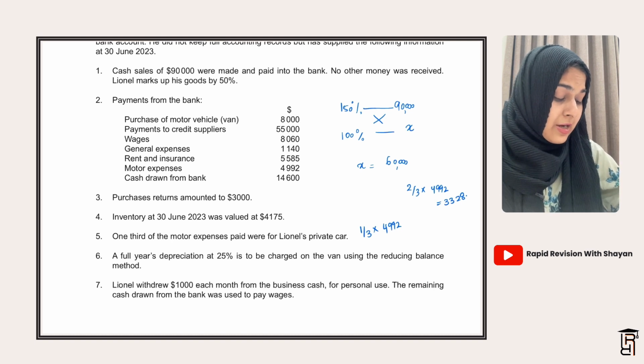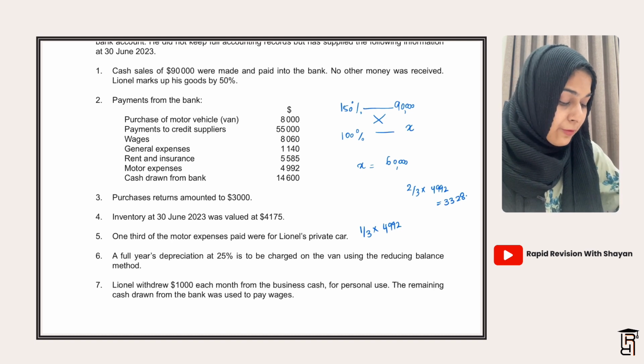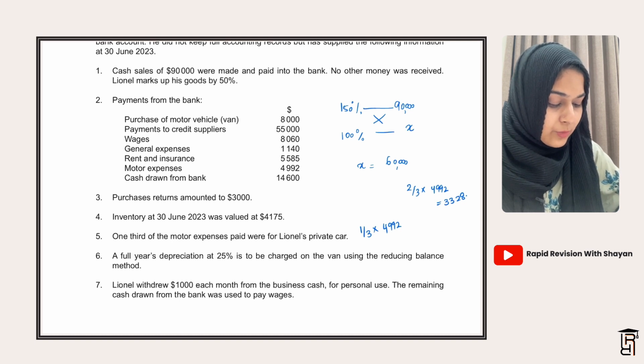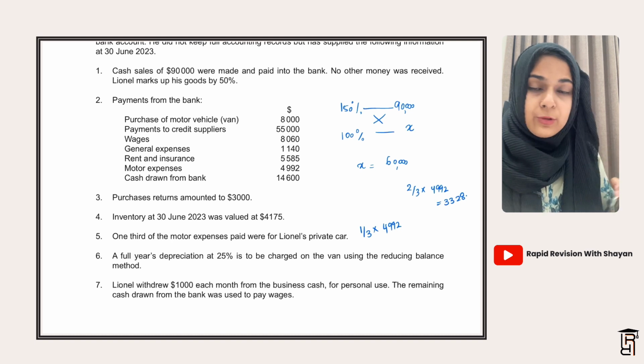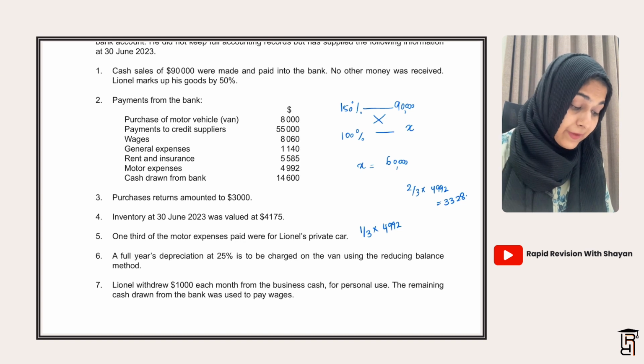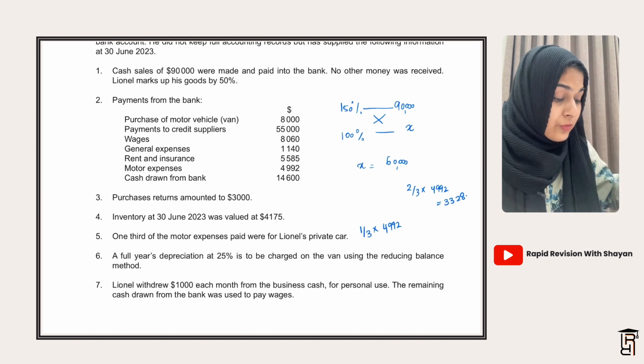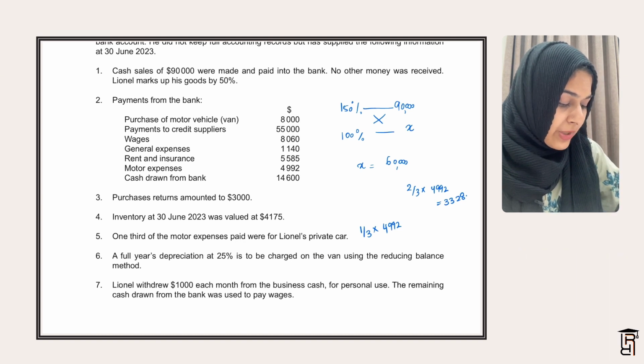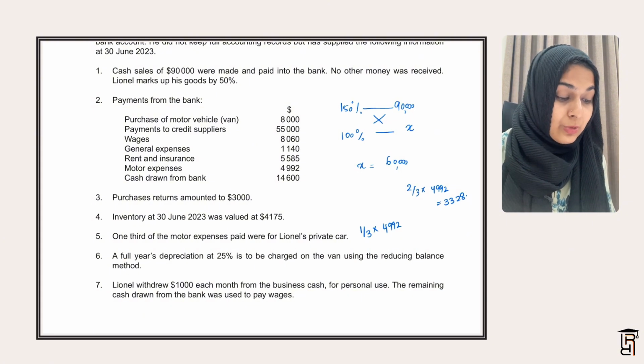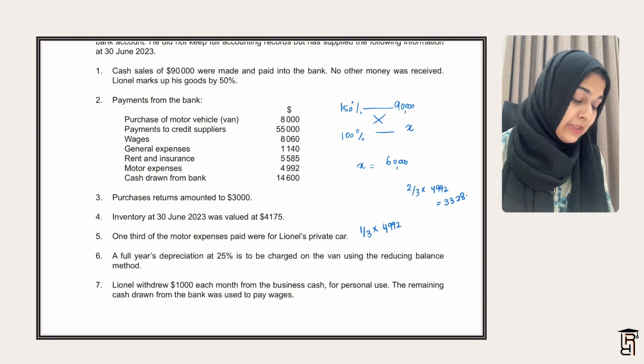The cash that he's withdrawn from the bank is 14,600. Of this, drawings is 1,000 multiplied by 12, that is 12,000. And the remaining is 2,600, and 2,600 should be added to the wages. So wages will be 8,060 plus 2,600.